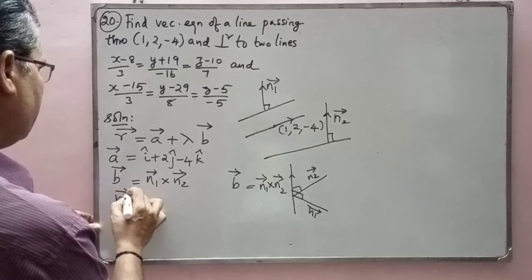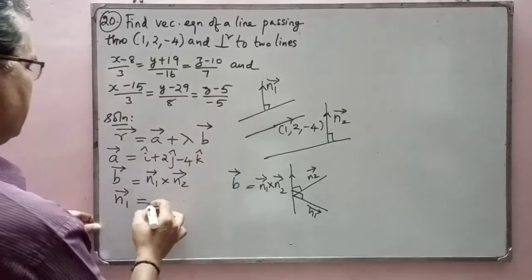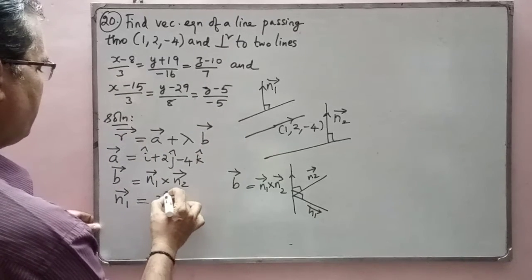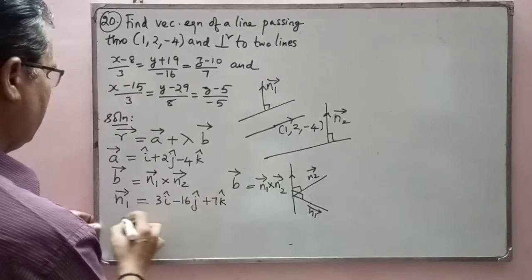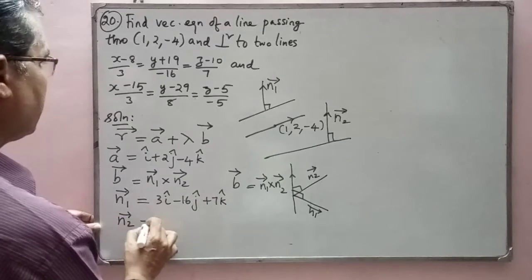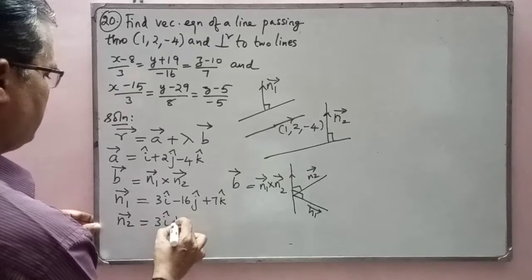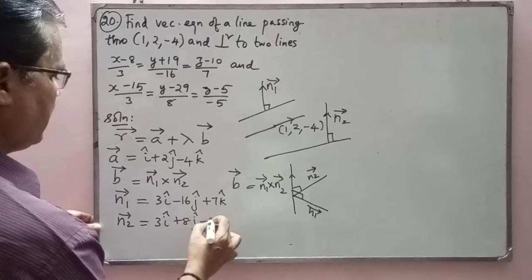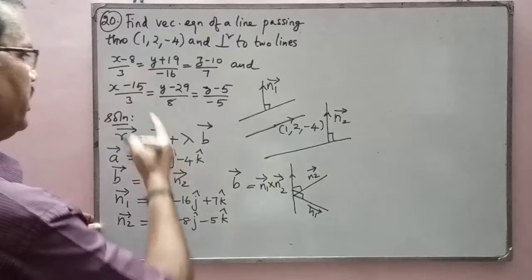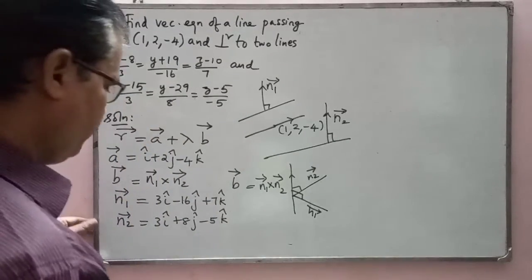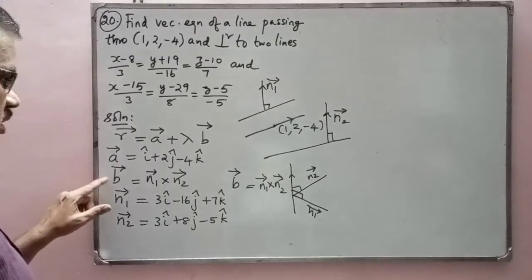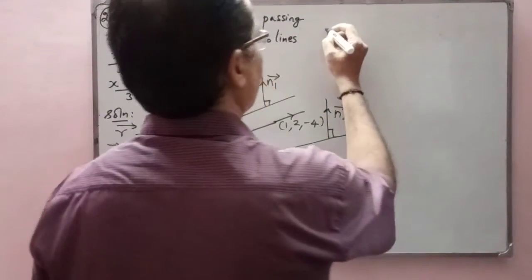Now n1 vector, the direction of the first line, is 3i minus 16j plus 7k, and n2 vector, the direction of the second line, is 3i plus 8j minus 5k. While you are taking a direction, you should see that the coefficients of x, y, z are positive. Now we'll go for the cross product to find the b vector.